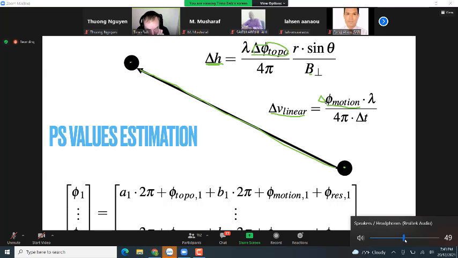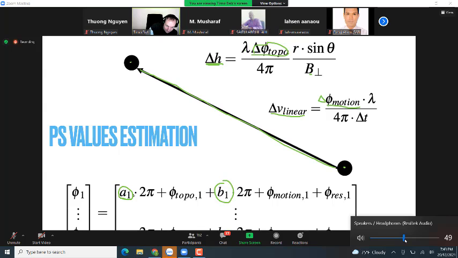But we have more unknowns. For each image, we also have an unknown, which is the wrapping factor. So we have an unknown wrapping factor.